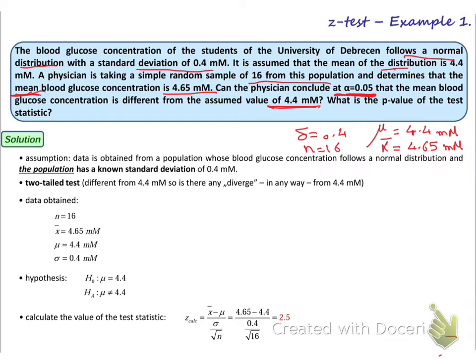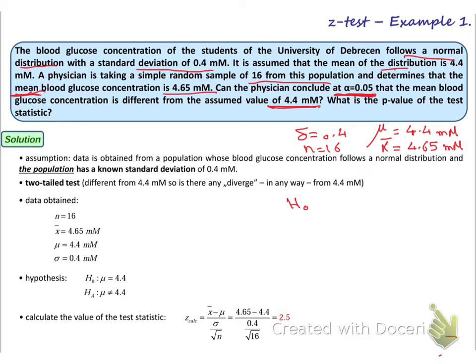If the rejection region is met, this means the null hypothesis will be rejected. So my H naught, I can choose whatever H naught I want. He is asking whether the physician can conclude at alpha equals 0.05 that the mean blood glucose concentration is different from the measure 4.4.